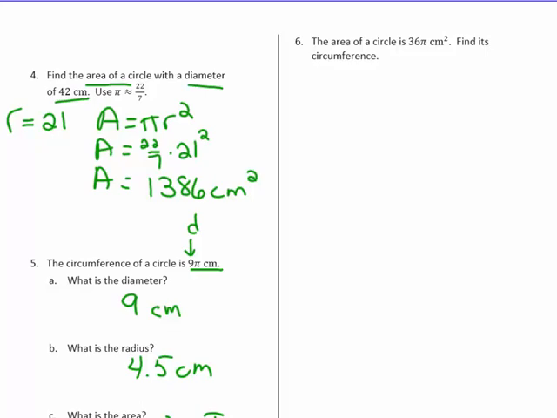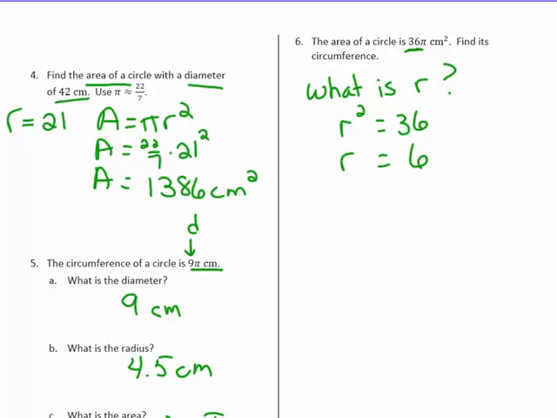The area of a circle is 36 pi centimeters squared. Find its circumference. So I'm going to do kind of the same thing. I need to know the radius. Well, the radius squared equals 36. So I have to think to myself, what did I multiply by itself to get 36? So my radius was 6. That was a little bit of mental math and thinking.